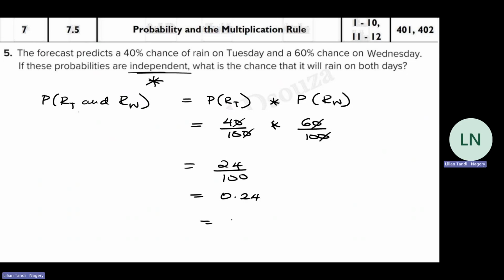And that gives me 24%. When you simplify this, you should get 6 over 25. So you have that or that. Okay?